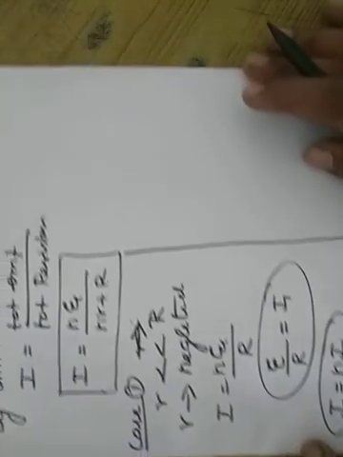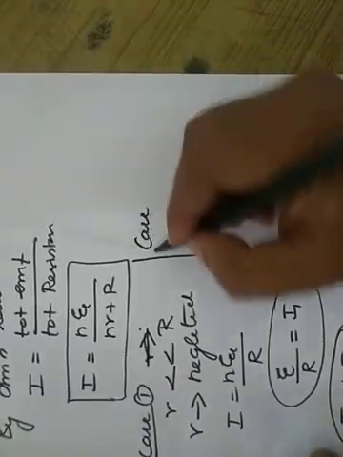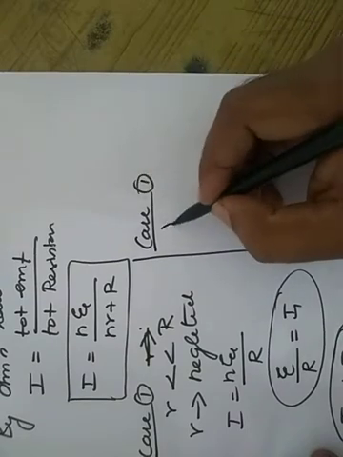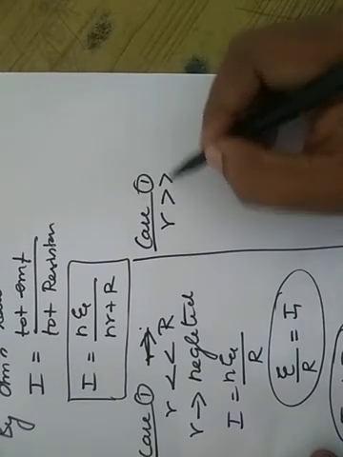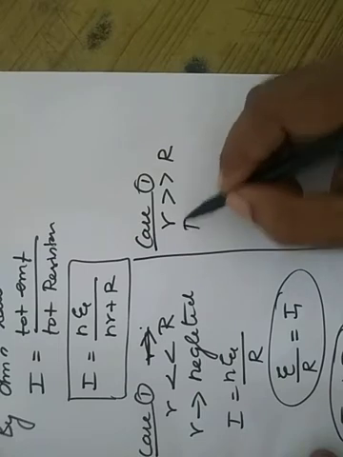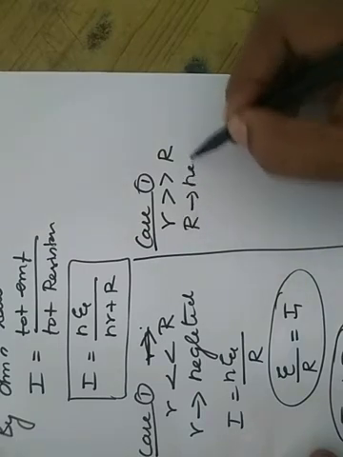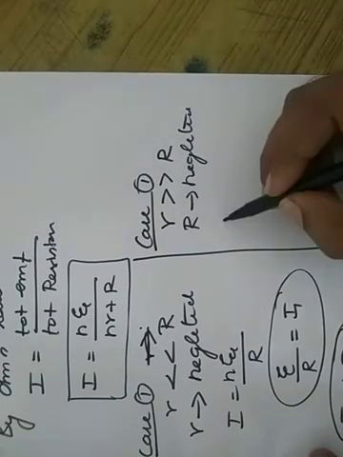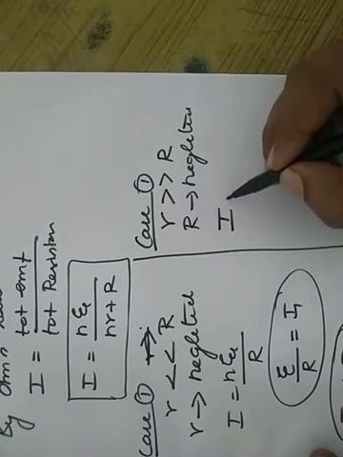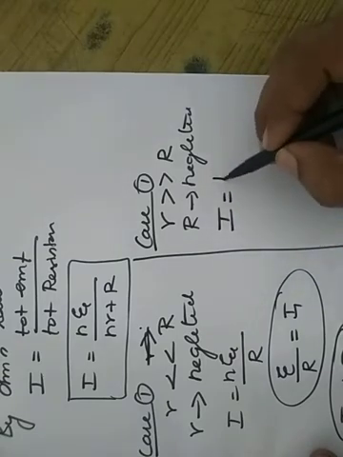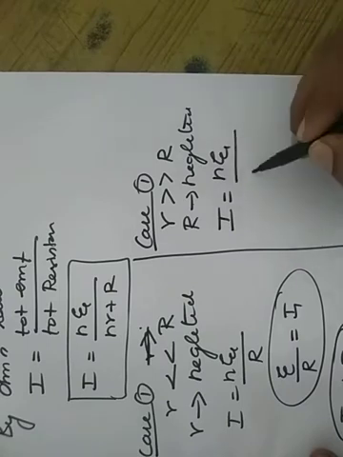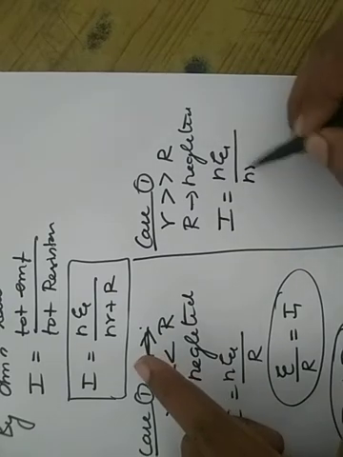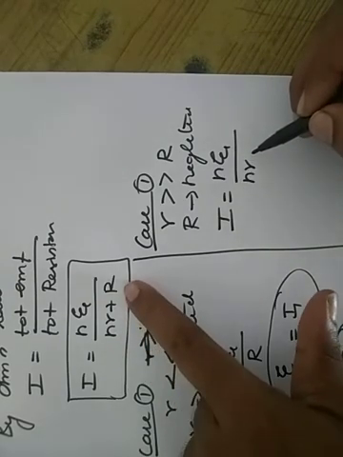Here in case 2, we consider the internal resistance is greater than R. So the external resistance value is neglected. Then the current in the circuit I becomes n psi by nr.